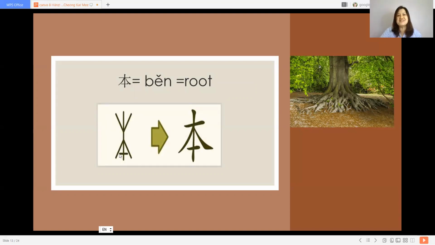This line actually indicates which part of the tree. Obviously, the function of this line is to indicate the bottom part of the tree, which means root. And the other meaning of ben is original. Okay, so this is how ideograph works.